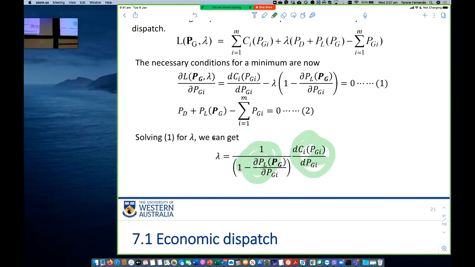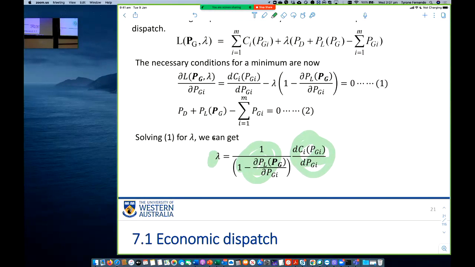So for all the generators, we have an incremental cost and multiply those by the relevant penalty factors, and we equate them all, and that's the optimum solution. And that's the lambda value. We say all that is equal to lambda as well, if you like.